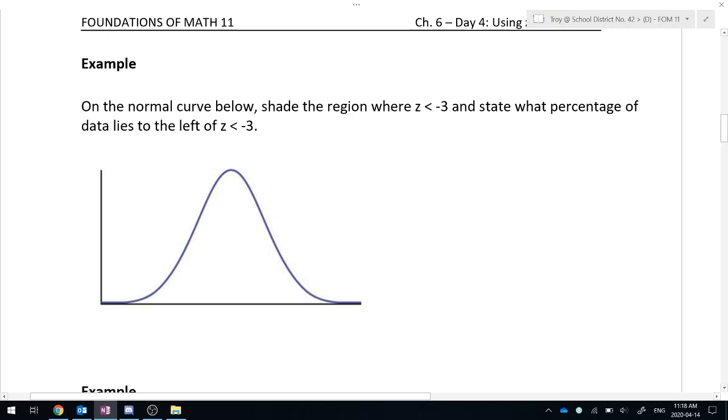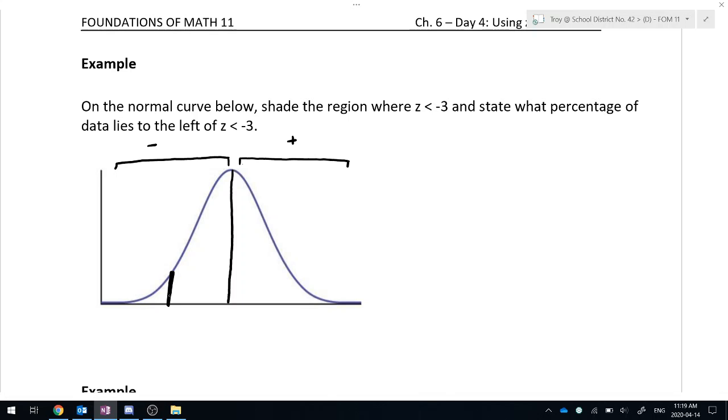Okay, so we know all the positive values of the z-score lie to the right. These are all going to be positive values. And we know all the values to the left are negative. So -3 is going to be over here somewhere, just a rough sketch.